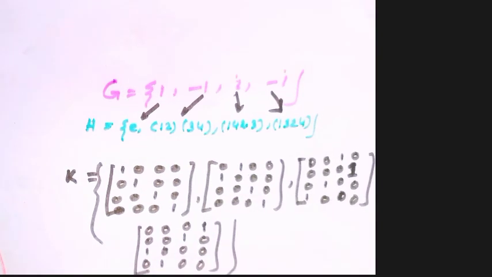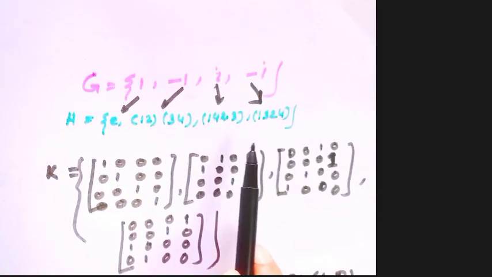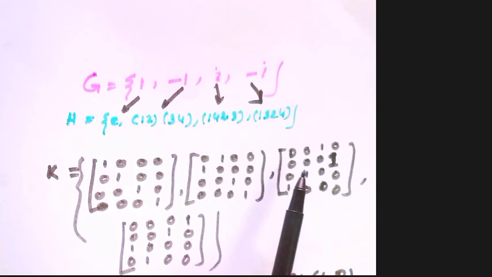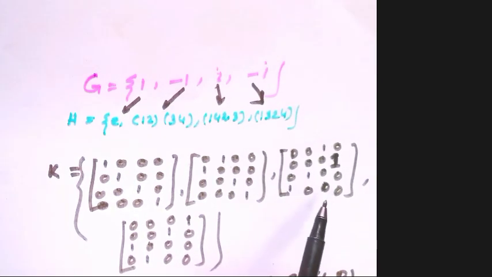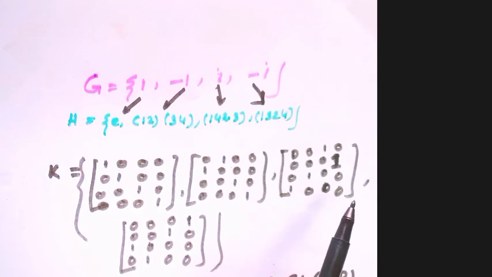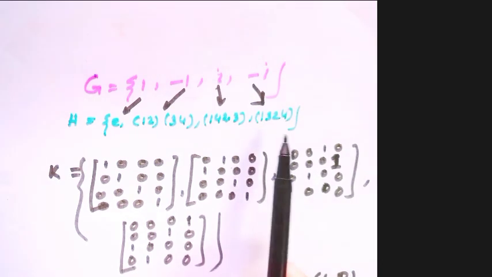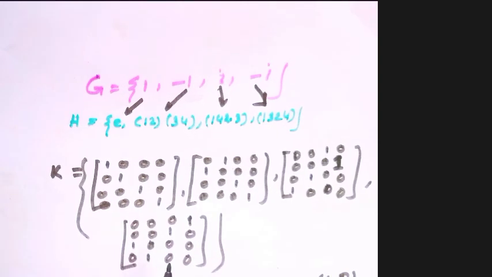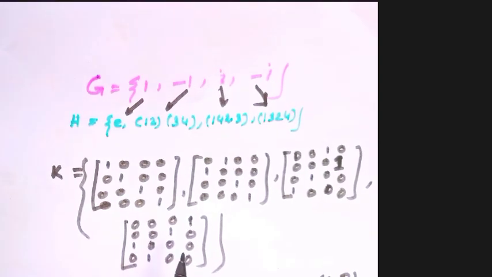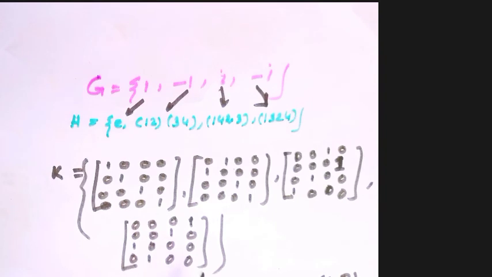Okay? The cycle (1, 4, 2, 3) represents the matrix 0, 0, 0, 1, 0, 0, 1, 0, 1, 0, 0, 0, 0, 1, 0, 0. And cycle (1, 3, 2, 4) represents the matrix 0, 0, 1, 0, 0, 0, 0, 1, 0, 1, 0, 0, 1, 0, 0, 0.